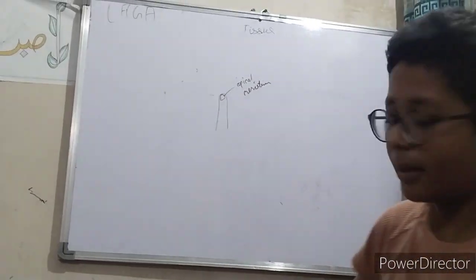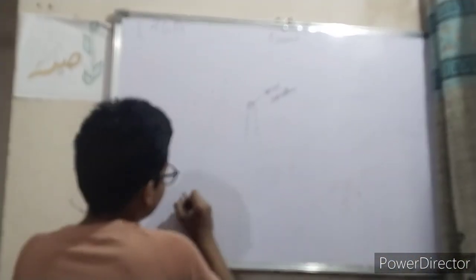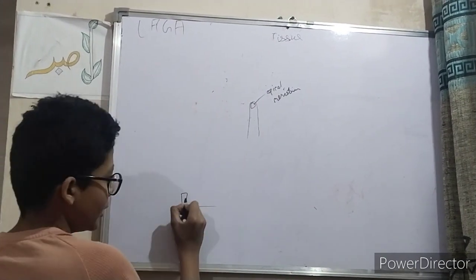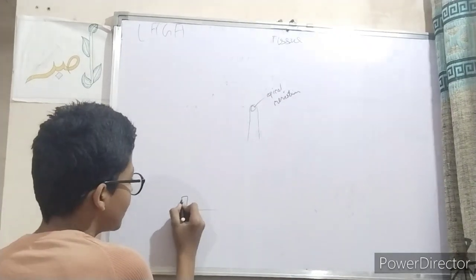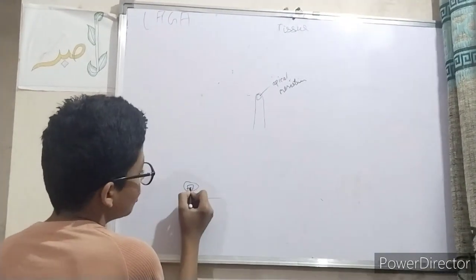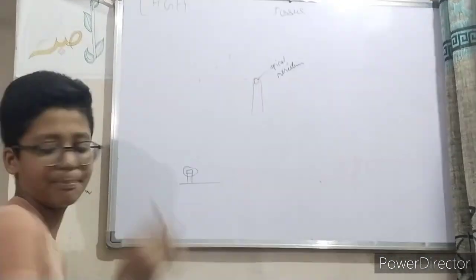This is called apical meristem, and it is responsible for the growth of the tip of the plant. Suppose this is the soil and this is the plant, so it grows upwards, and this is the tip of the plant. So apical meristem is responsible for the growth of this tip.